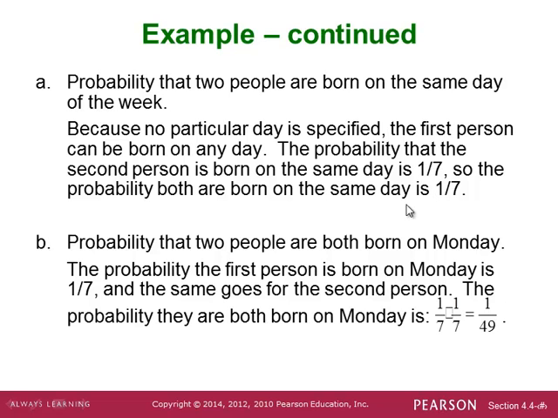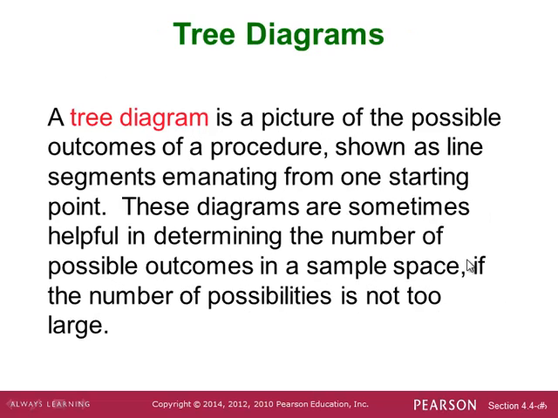That's different than asking what's the probability that any two individuals that you select randomly were born on a particular day of the week. There's a 1/7 chance that the first person was born on that day of the week, and there's a 1/7 chance for the second person. So you multiply those individual probabilities, you get 1/49. Two different probabilities.